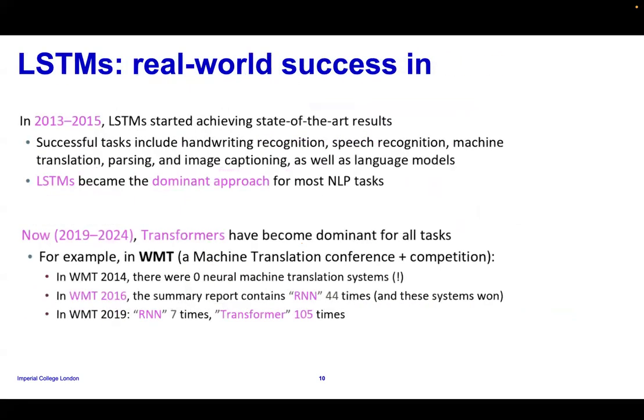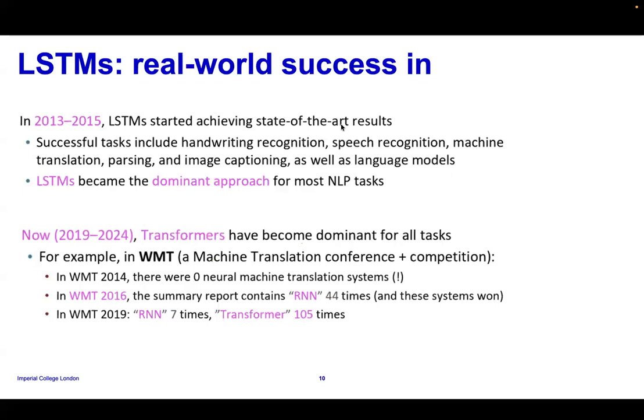Now, LSTMs, which stands for long short-term memory, are one of the solutions developed to solve the issues of RNN. From 2013 to 2015, LSTM started achieving state-of-the-art results.